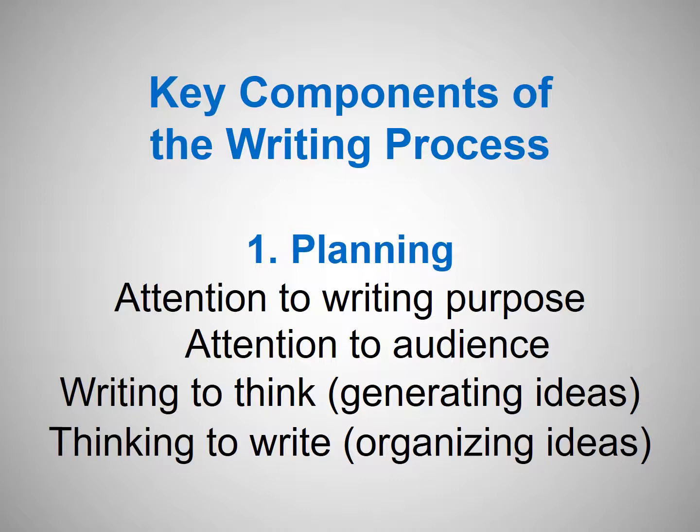Think of it as a great big pot and you're throwing ideas into it that you may or may not use, but you're trying to get them all out into that pot so you have a nice big full pot of ideas and information that you can then work with. That's what writing to think is about, getting the ideas out before we decide on how to use them.